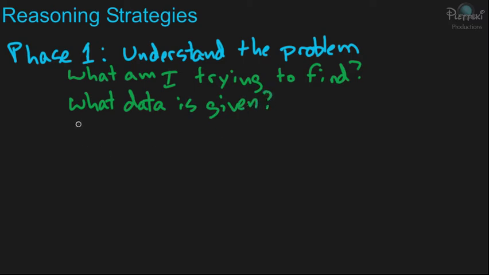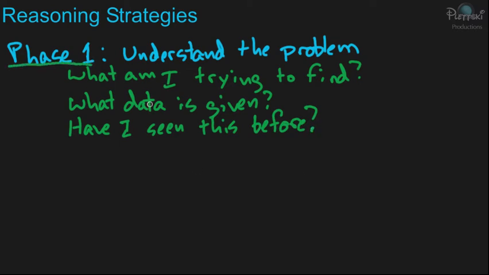A third question you can ask is, have I ever seen a similar problem, or have I ever solved a similar problem? If you've seen a similar problem and can remember how you solved it, that's a very good question to ask yourself. Okay, that's phase 1.